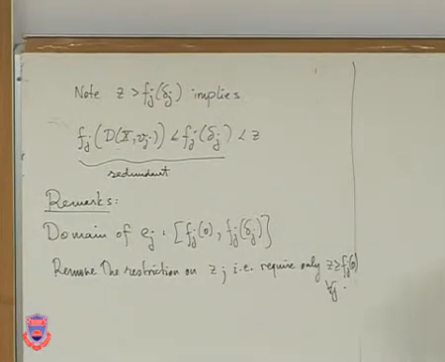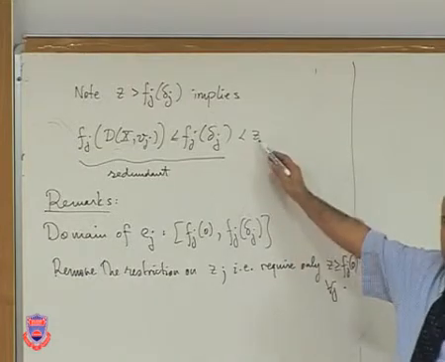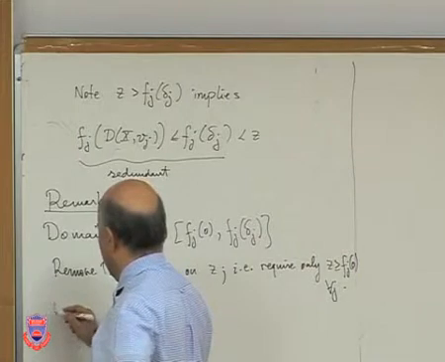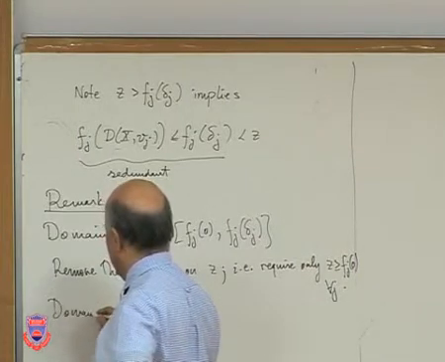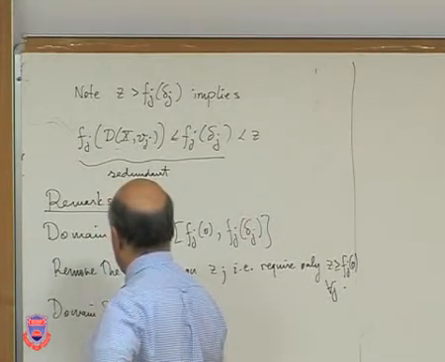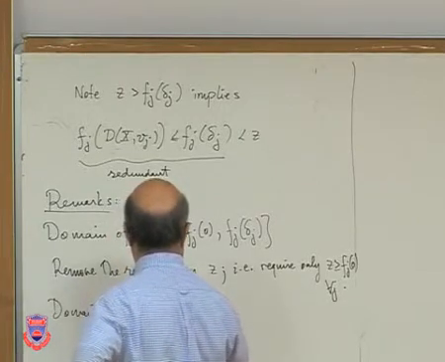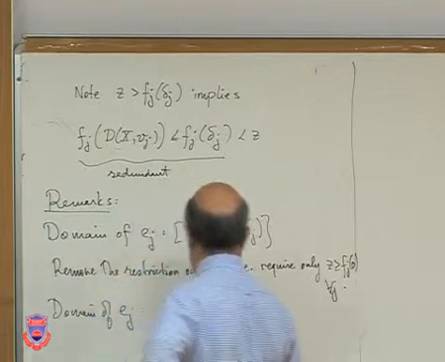In that case, because of the redundancy of that situation, the domain of Ej becomes fj of 0 and infinity. Okay?